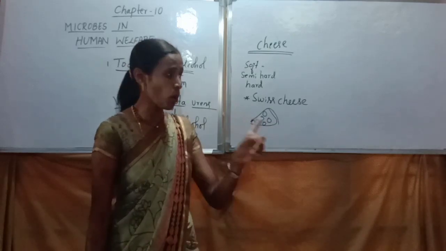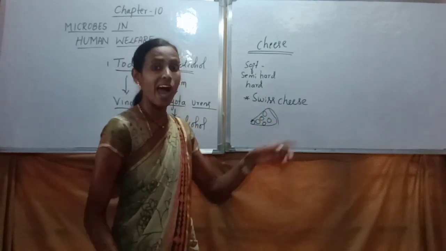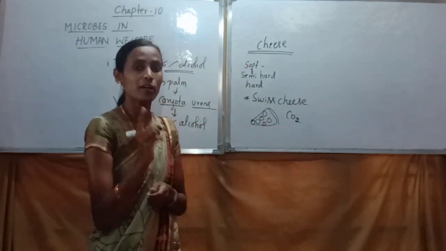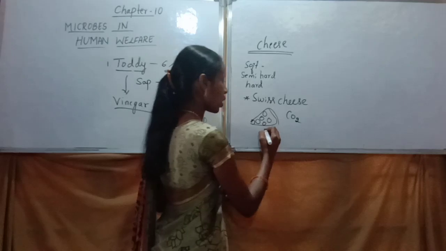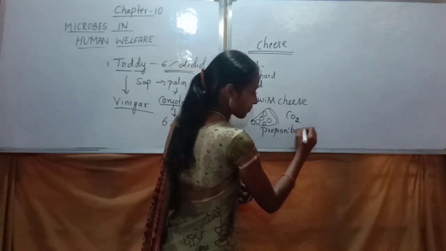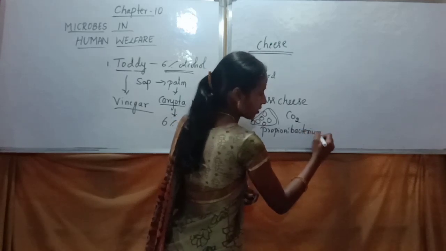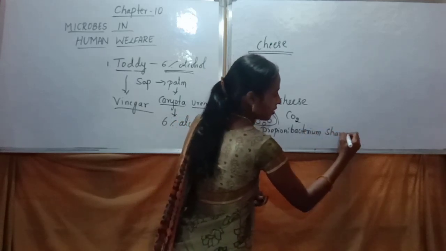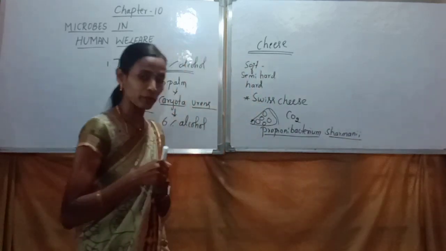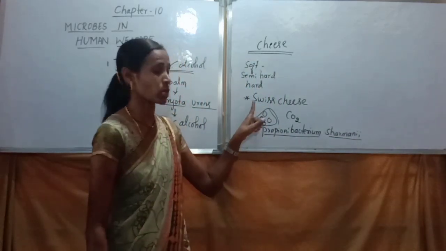The large holes in Swiss cheese are due to the production of a large amount of carbon dioxide by a specific bacteria called Propionibacterium shermanii. It is the specific microbe involved in the preparation of Swiss cheese.